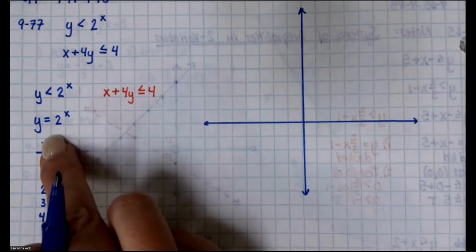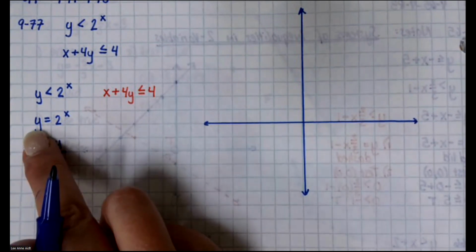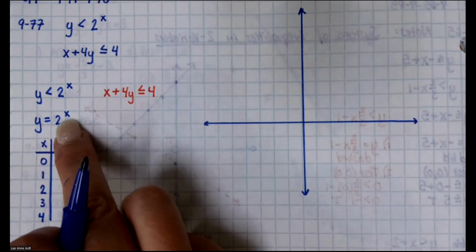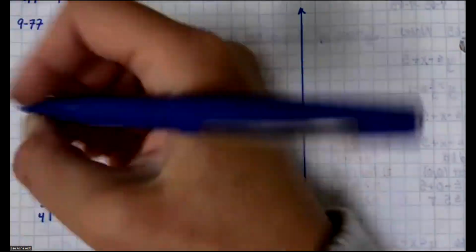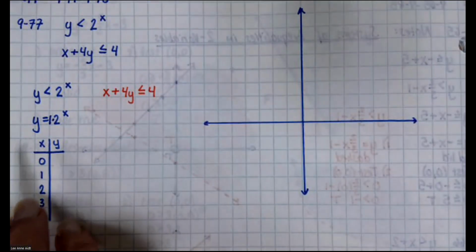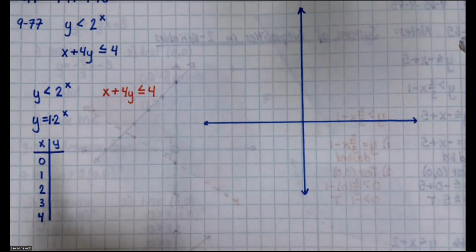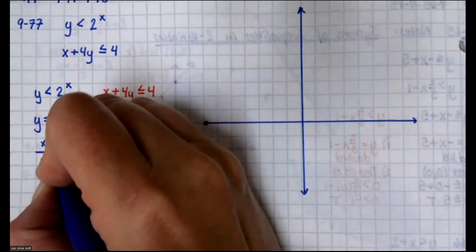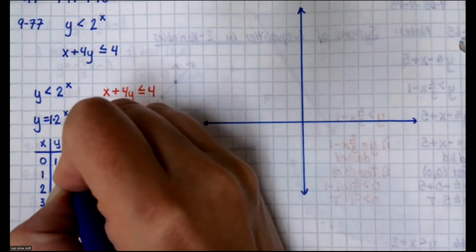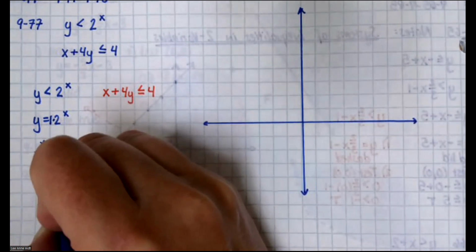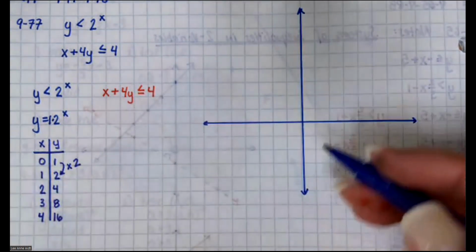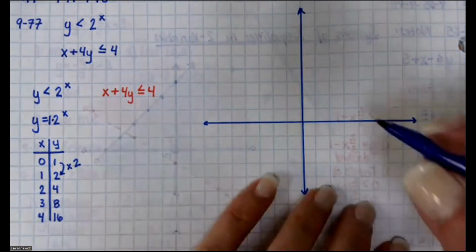However, do you notice that it's supposed to be y equals ab to the x and there's no a there? When there's nothing there, it's a 1 because 1 times anything is itself. So the start is 1, and then we're going to times 2 each time. So 2, 4, 8, 16. We're not going to be able to fit all of these, but we can fit a few of them.